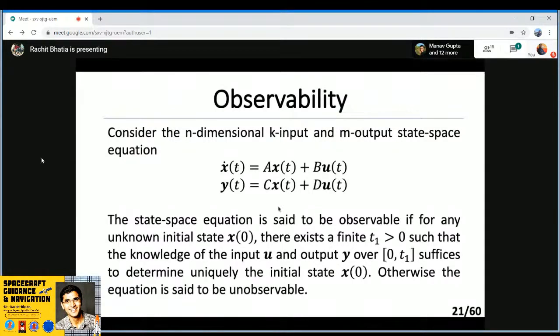And that is very powerful, because without even making the entire simulation or doing any further analysis, just by doing observability analysis, I can get to know if this problem will work or not.